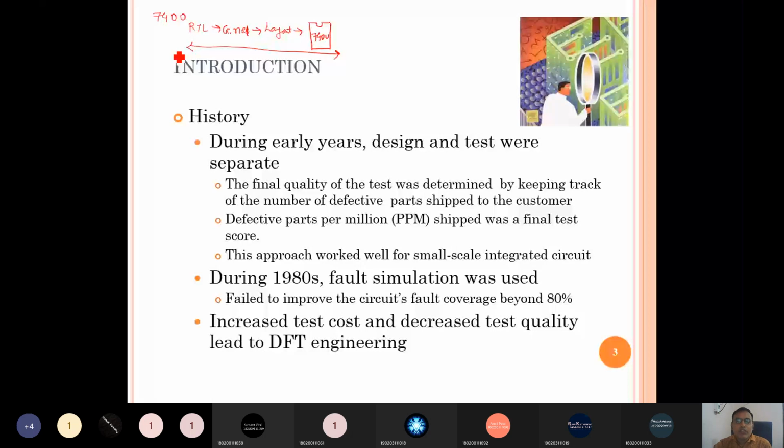And later on, once the IC is manufactured by the fab labs, it is given for testing. Then testing starts. So it tests this 7400, and puts it in a testing environment. It passes different inputs and checks for the expected outputs.